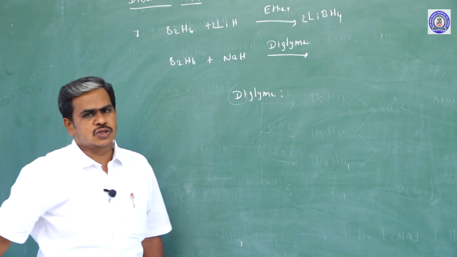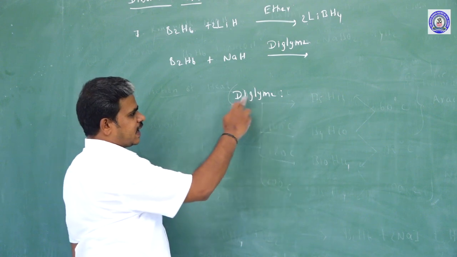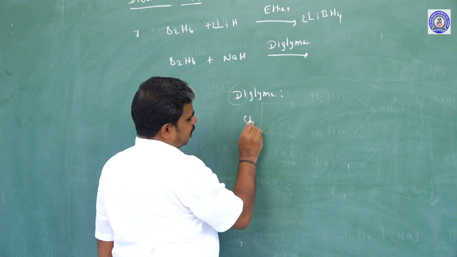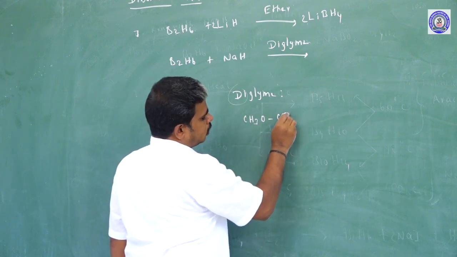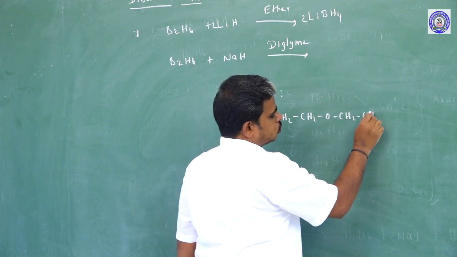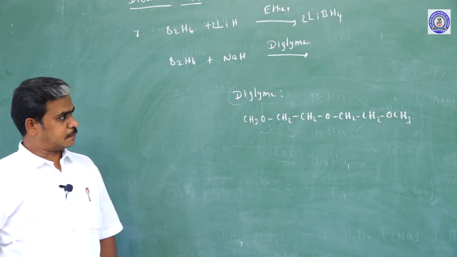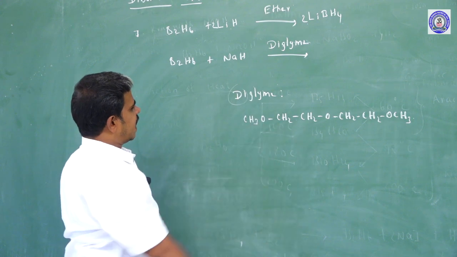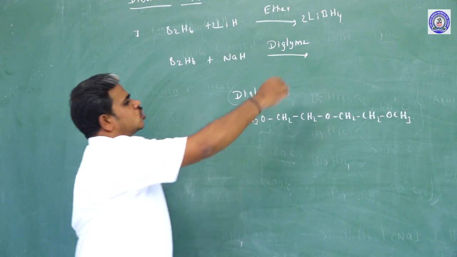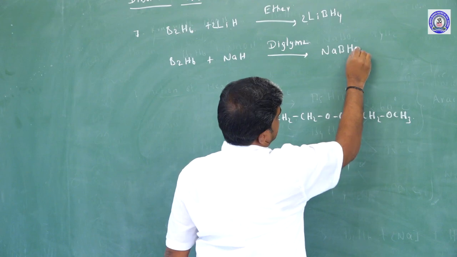Di means 2, gly means ethylene glycol, and the methyl part is dimethyl ether. So diglyme is nothing but CH3OCH2CH2OCH2CH2OCH3. In the presence of diglyme, we get the most important reducing agent, sodium borohydride, NaBH4.